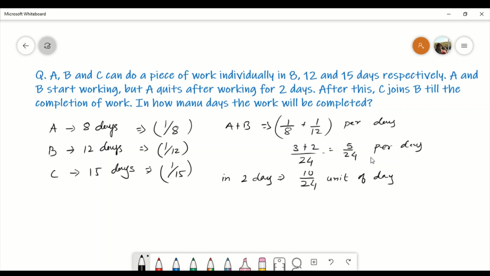Now here A left that job and C joined the job, right? So in 2 days this much work was completed. So how much work was left? So 1 minus 10 upon 24 work is still left, which is 14 upon 24. So this unit of work is still left, right?